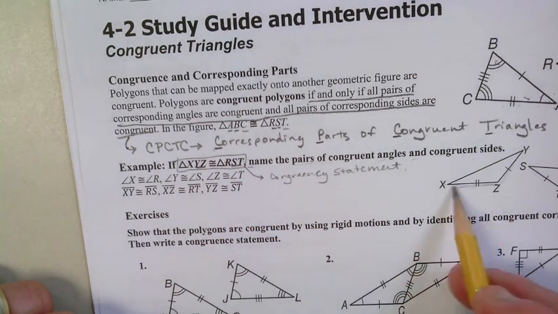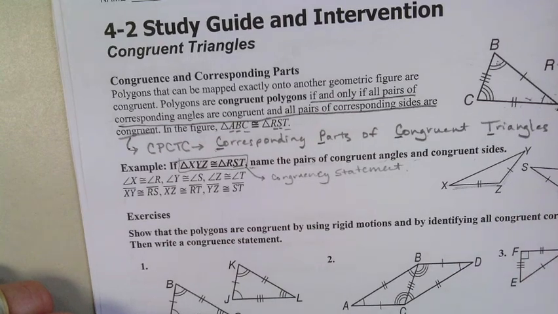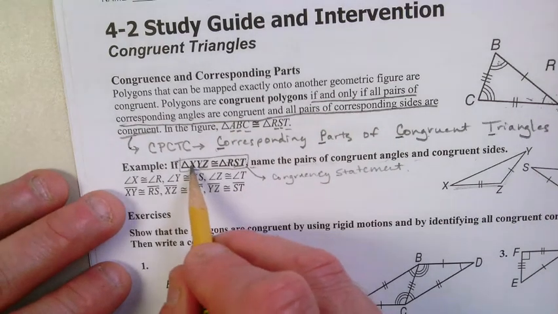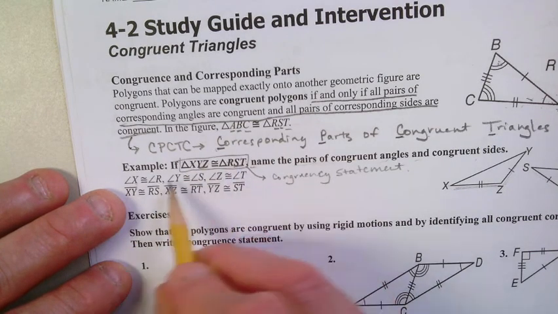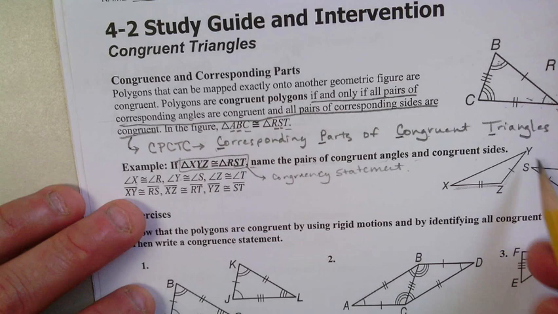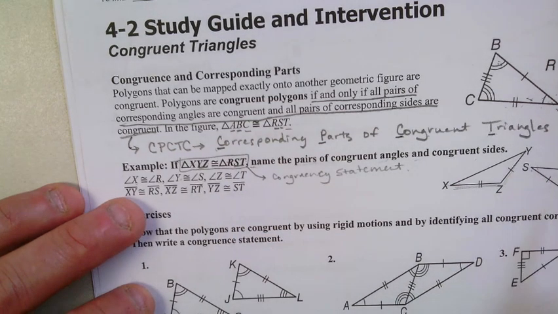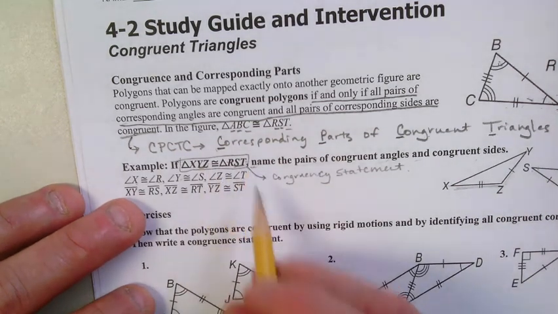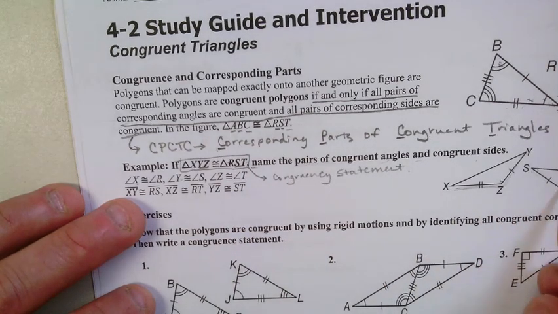So XZ and RT, and you can see that by the congruency markings there. If I go through the angles, angle X and angle R, that makes sense from the first letters. Y and S would have to be the same measures, and Z and T would have to be the same measures.